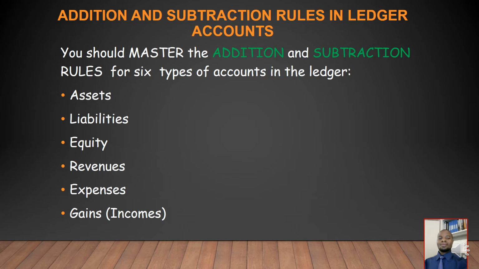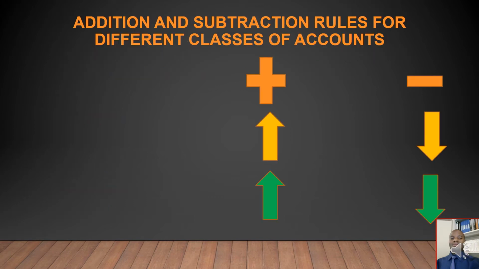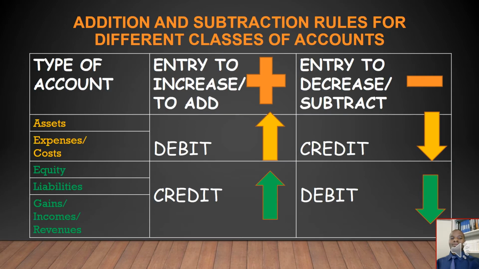So you need to master the rules of addition and subtraction for accounts of assets, liabilities, equity, revenues, expenses, and gains. The following are the rules that I want you to master. You need to master this like the palm of your hand.